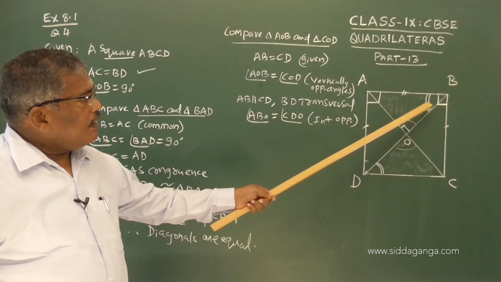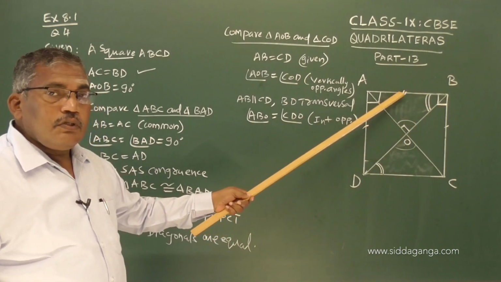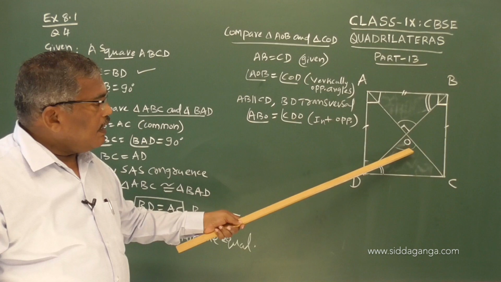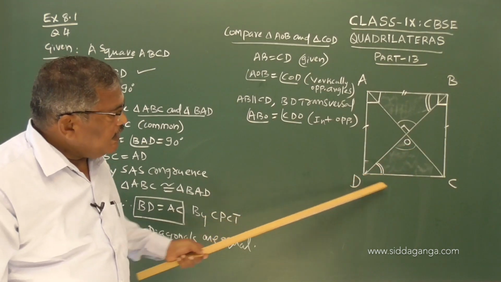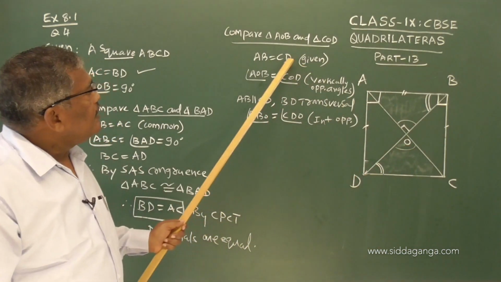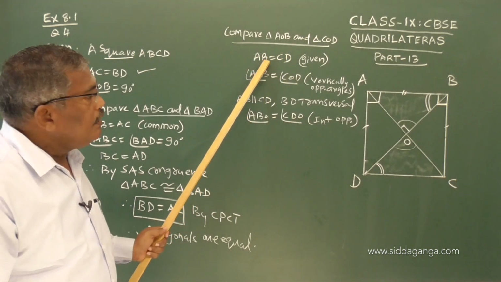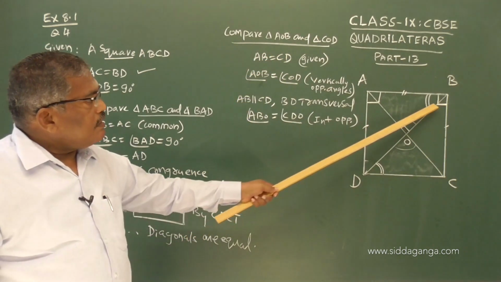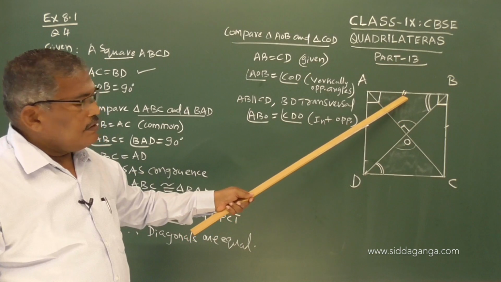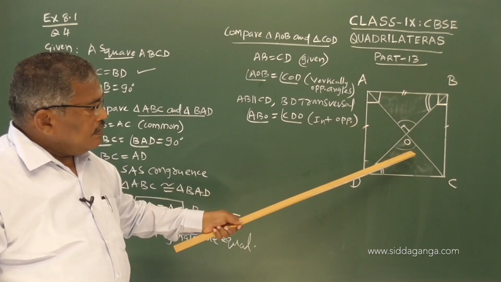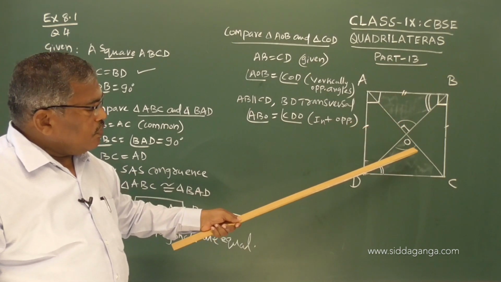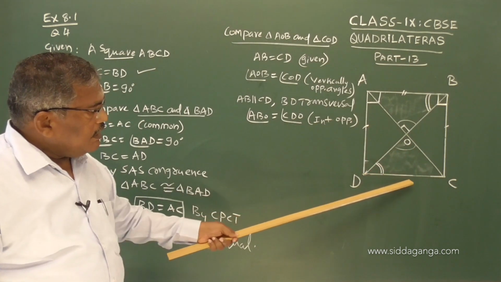Now, you can see angle, angle, side. Here angle, angle and side DC. So side CD is equal to AB. So two angles of this triangle and a side are equal to two angles of this triangle and a side DC.